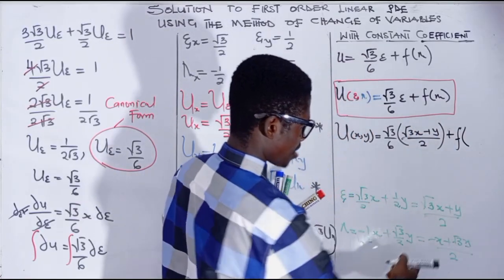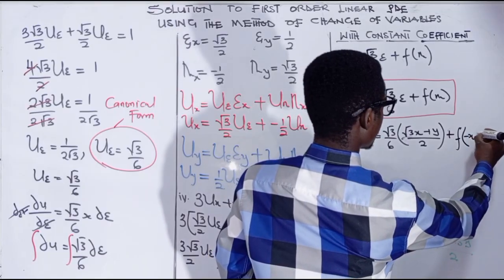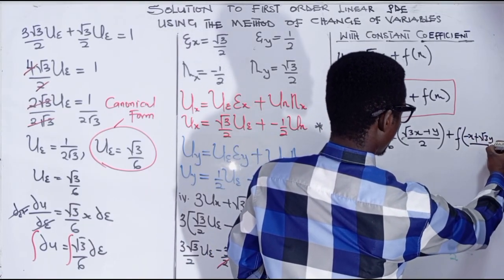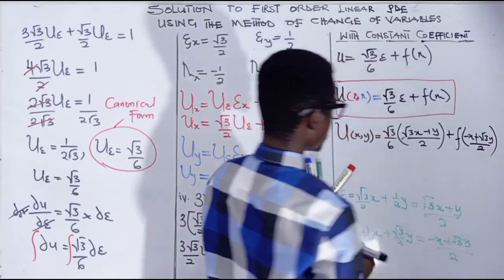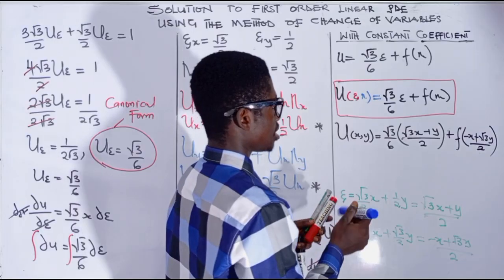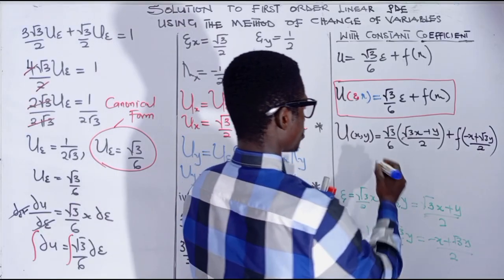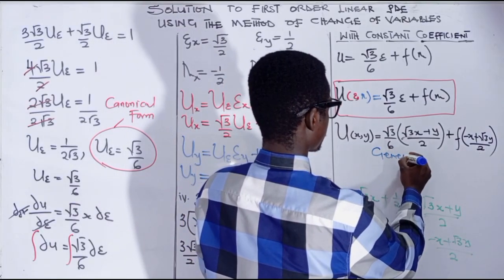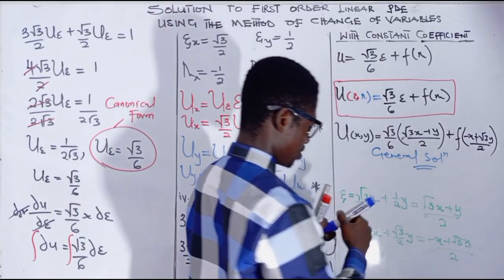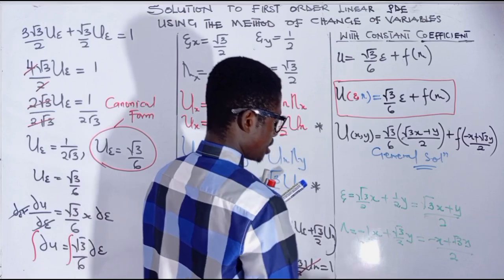Our eta is minus x plus root 3 y all over 2. So this is our general solution. Very, very interesting and very easy.